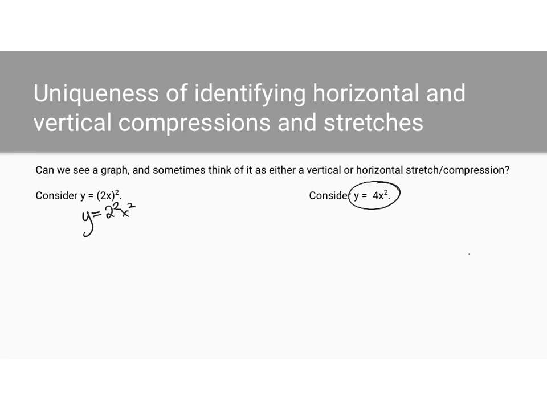So when we have this factor of 2 on the inside, that means we have a horizontal, and let's be careful here. You want to make it a stretch because it's 2 and 2 is bigger than 1, but it's actually a compression, okay? And if we want to get into a little bit more detail, like what are we compressed by? It's actually compressed by, and this is in the previous slide, it's compressed by 1/2 for this one.